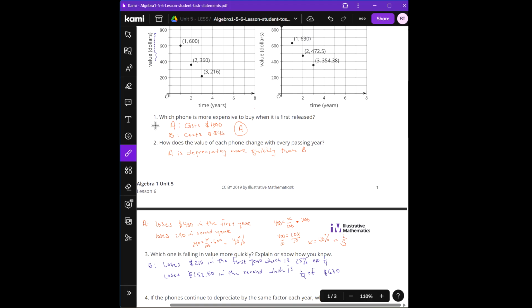So which one is falling in value more quickly? It looks like A.